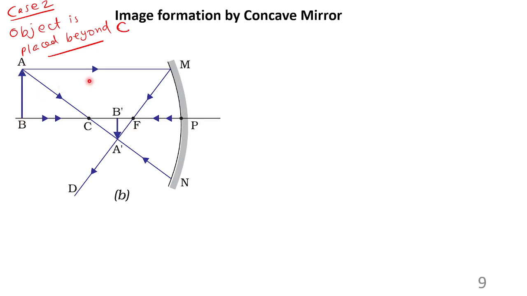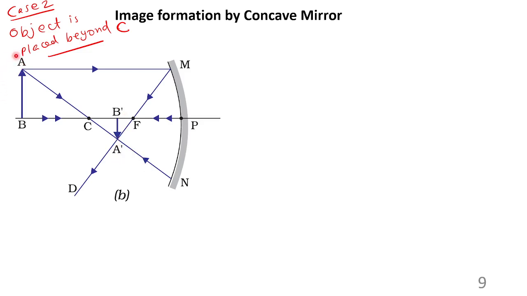We have AB. We have selected one of the rays coming out of A. Let it be parallel. After reflection it passes through the focus. We have selected another ray coming out of point A. Let it be passing through C. After reflection, the ray traces the same path. The two reflected rays meet here, denoted by A dash.